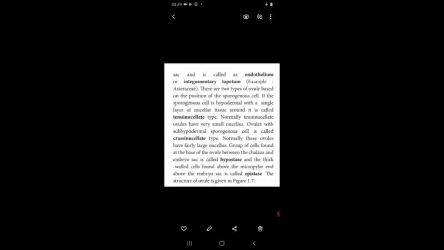Endothecium is the innermost layer of the anther, which is elongated, having special types of cells to form the primordial cell.